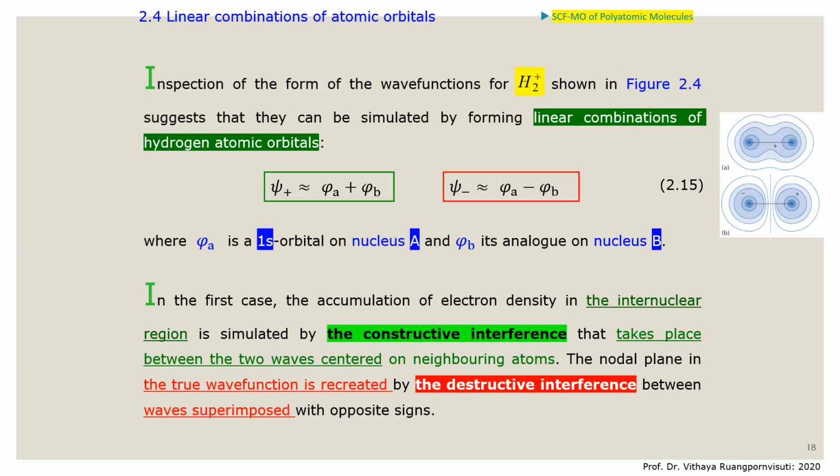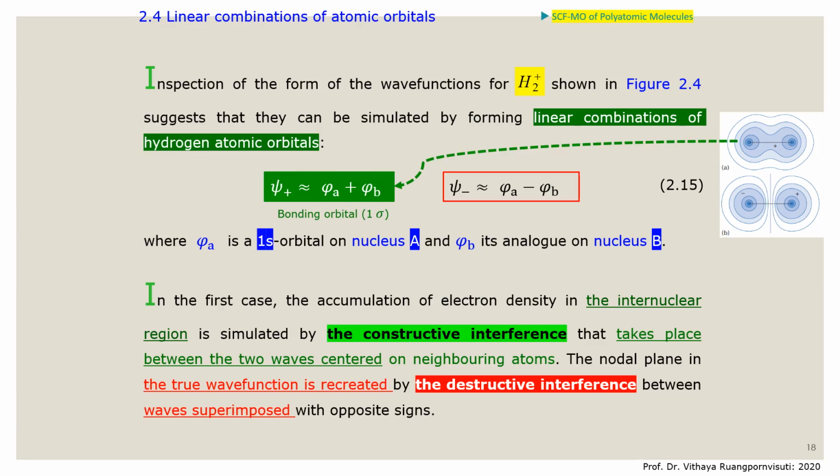The first molecular orbital, shown on the left hand side, can be formed by constructive interference. This molecular orbital corresponds to the bonding orbital, 1 sigma.